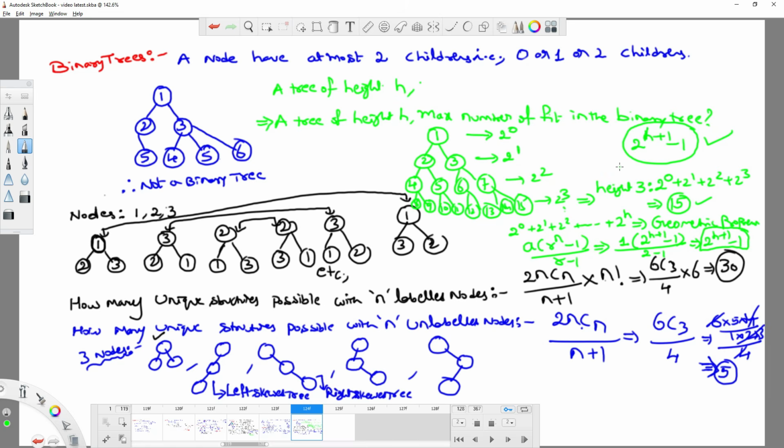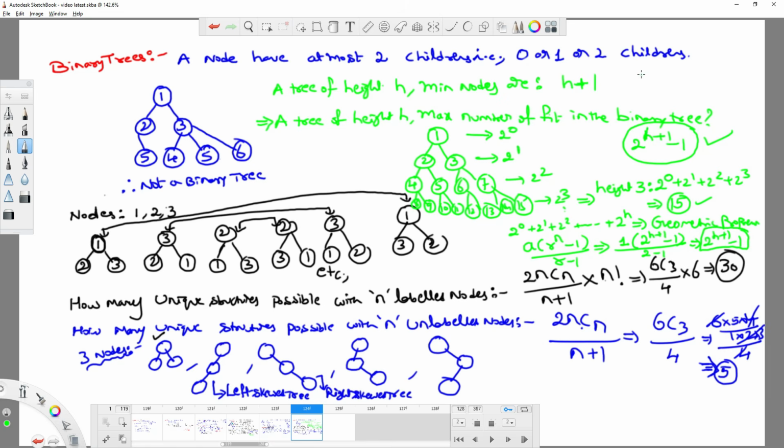Okay, a tree of height h, minimum number of nodes are, can I directly write as h plus 1? A tree of height h, how many minimum nodes are possible? h plus 1, right? You can observe, it might be a complete left skew tree or it might be a right skew tree.